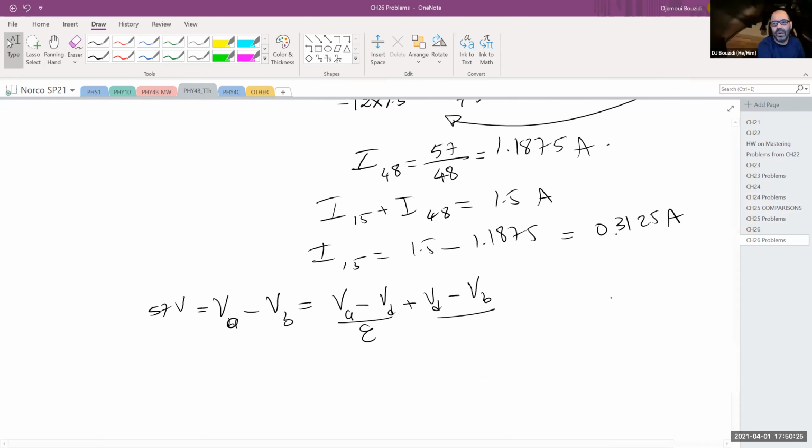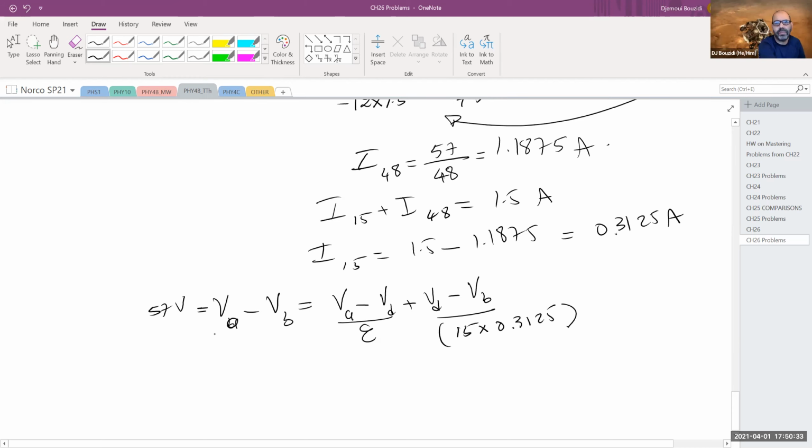So this is actually equal to 15 ohms times 0.3125 amps. So I know what this number is. From here, I'm going to find the voltage across the EMF. The epsilon then must be 57 minus this number, 15 times 0.3125.